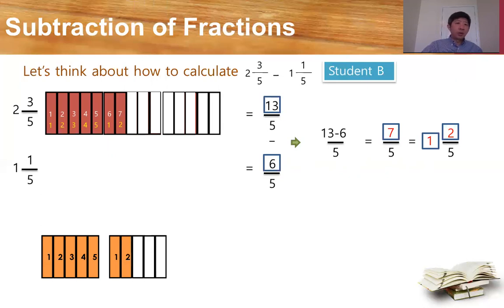One is, you can just simply take a whole number minus whole number, fraction minus fraction. The other way, like student B did, is change into improper fraction, right? All right, that's how we do the subtraction of fractions with the same denominator, all right?